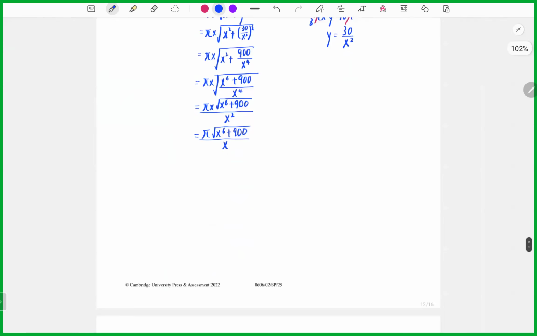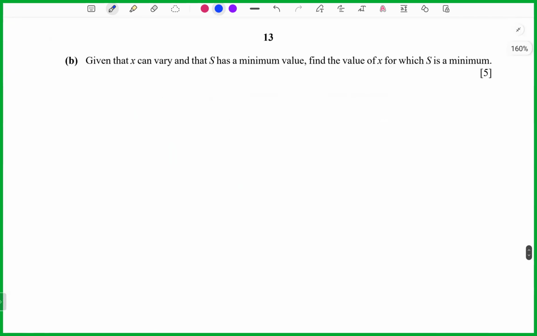Let's see the question. Given that x can vary, and that S has the minimum value, find the value of x for which S is minimum. So now I try to copy this equation first: square root of x power 6 plus 900, over x.